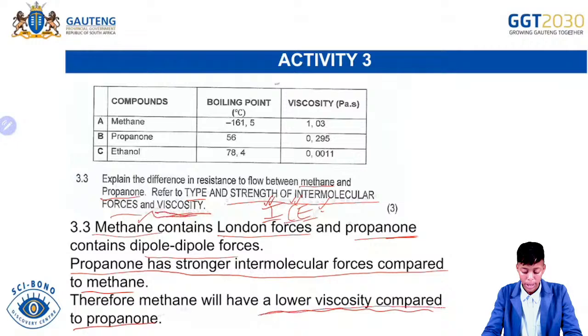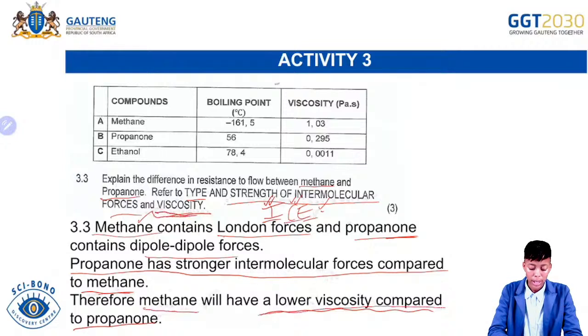Because remember, the viscosity goes hand in hand with the melting point, and it also goes hand in hand with the boiling point as well. So if the three are going to increase, viscosity, boiling point, and melting point, it means that the strength of the intermolecular forces will be higher.